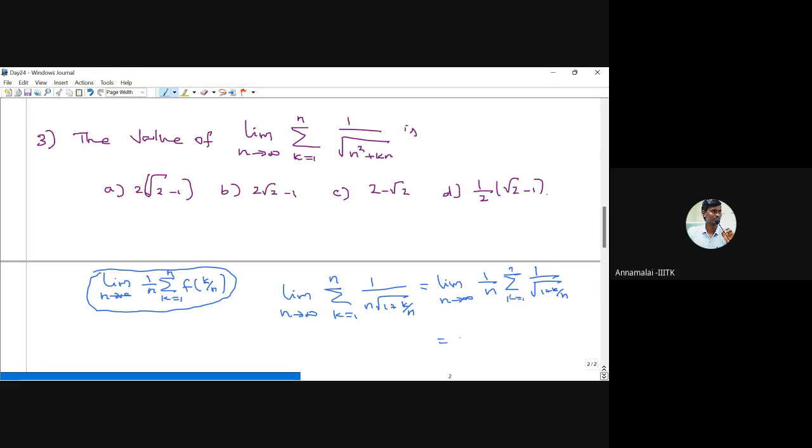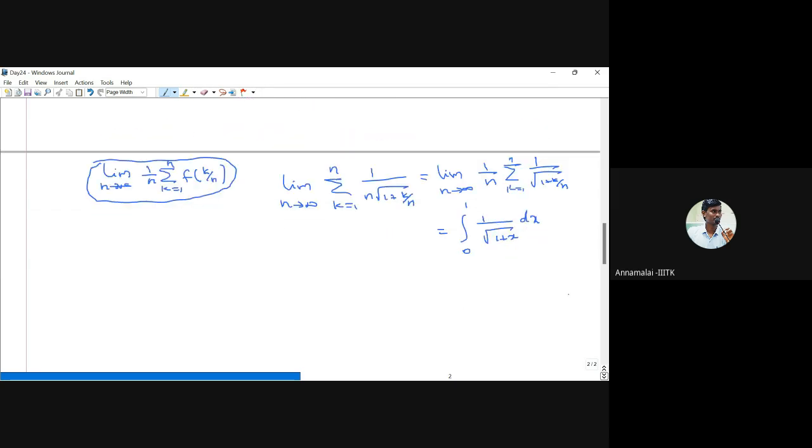Therefore, this is nothing but integral 0 to 1 f of x. So what is f of x? You have to replace k by n by x. Therefore, we get 1 by square root of 1 plus x dx. Now, what is the integration of this? You can write 1 plus x power minus 1 by 2, integration 0 to 1 dx.